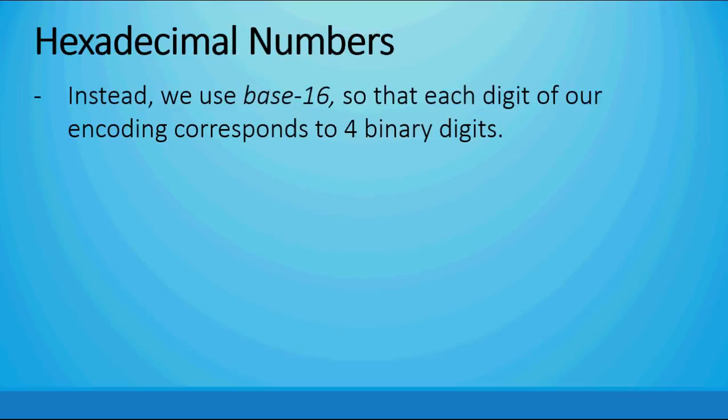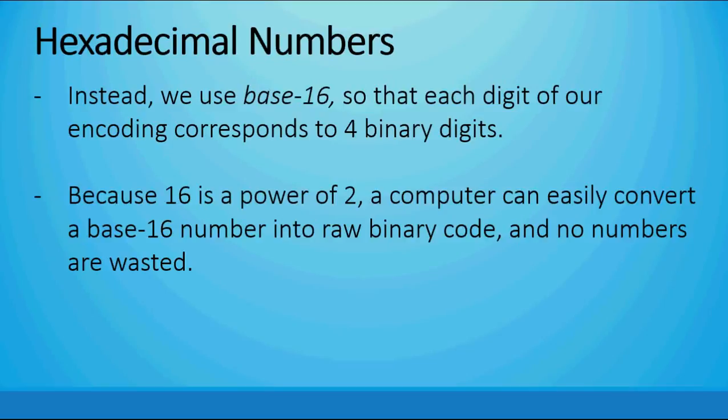To encode 16 choices, we need 4 binary digits, from 0000 for 0, or the first choice, up to, oh sorry, 1111 for 15. That's the 16th choice. That's 16 numbers. You agree? Using our notion of place value and all that. And so you can see, because 16 is a power of 2, if we use base 16, we can convert easily into binary code. For example, 22 in hexadecimal represents 0010, the one going in the 2's column, 0010.